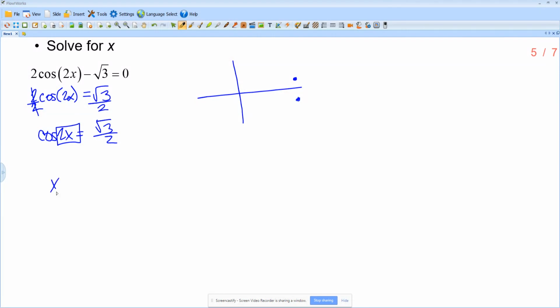So I would say x equals pi sixths, x equals 11 pi sixths. But this is not us solving for x. It's us solving for the angle of cosine, which in this case is 2x. The period for a cosine function is 2n pi.